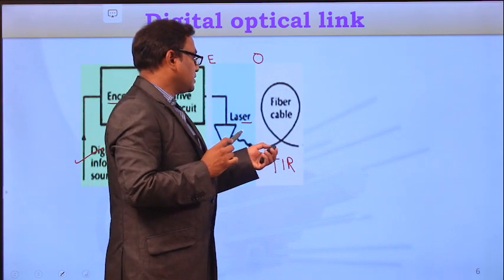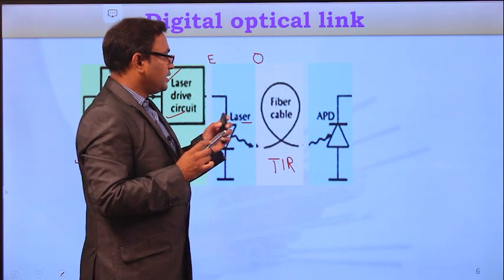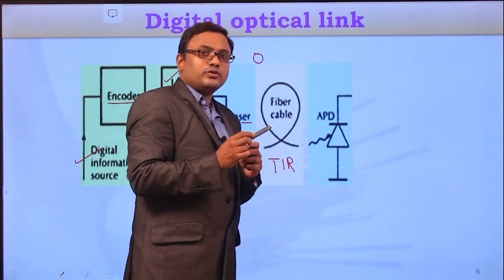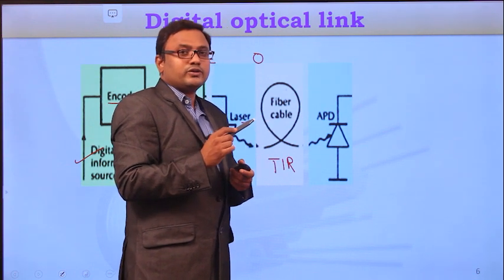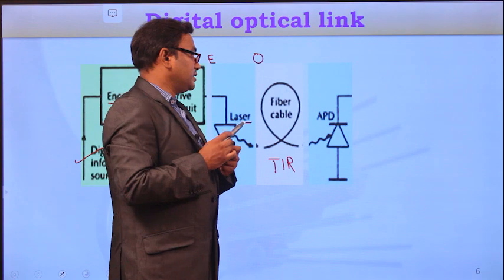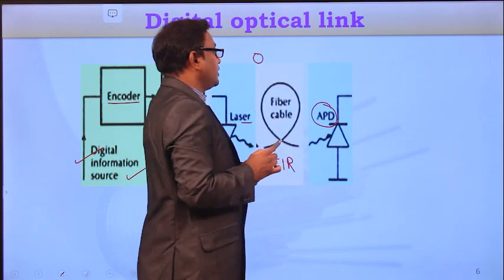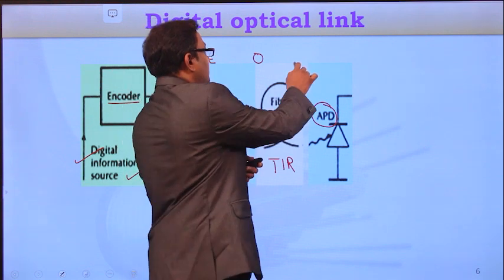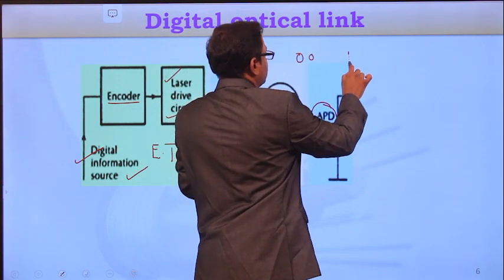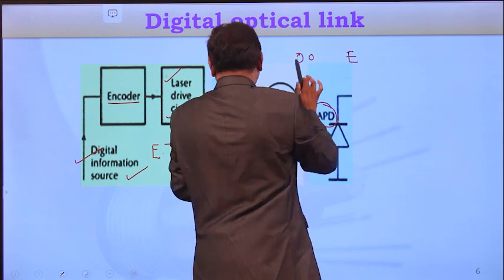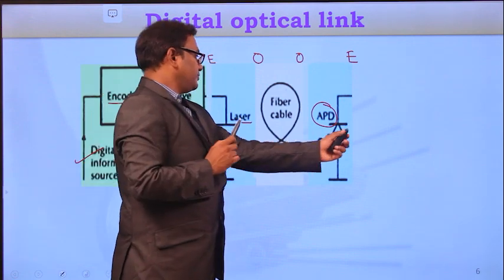In the receiver section, as the first part there is the optical detector. Generally it may be either a PIN photodiode for short distance communications or an avalanche photodiode for long distance communication. The main purpose of this photodiode is to convert the optical signal into an electrical signal.